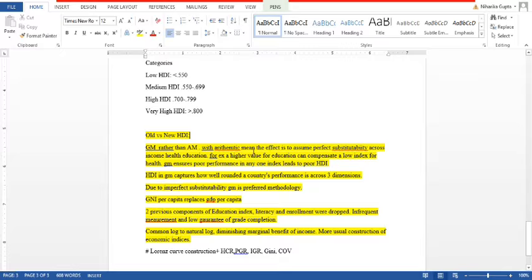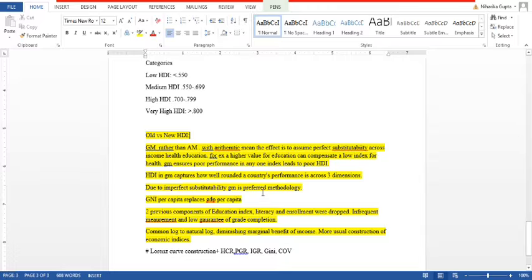Because with the arithmetic mean we assume perfect substitutability. If a country is doing better in education but not in health, it could substitute it. But in the geometric mean, we look for all-round development. Geometric mean ensures poor performance in any one index leads to poor HDI. It captures how well rounded the country's performance is. Due to imperfect substitutability, geometric mean is the preferred methodology.